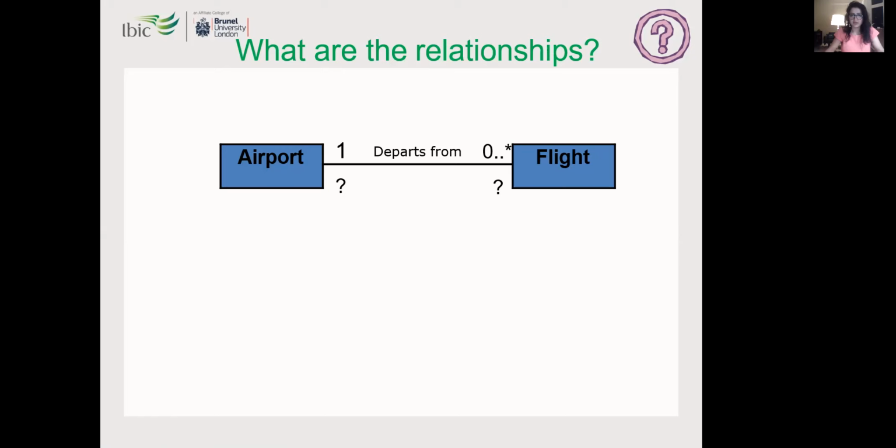So for example, for the flight, we call it a membership relationship, because a flight can be a member of the airport, and an employee can be a member of a department.